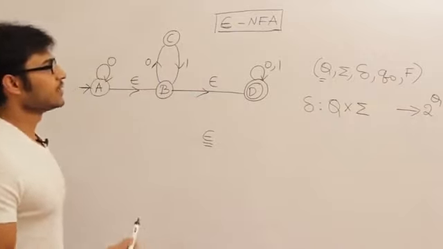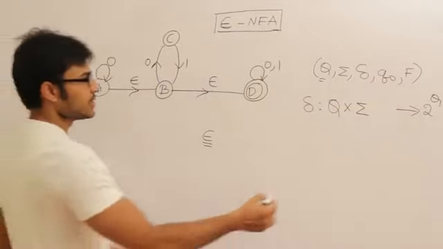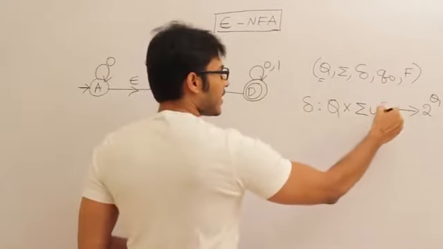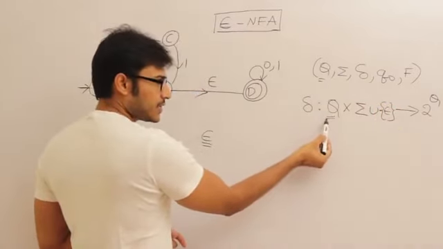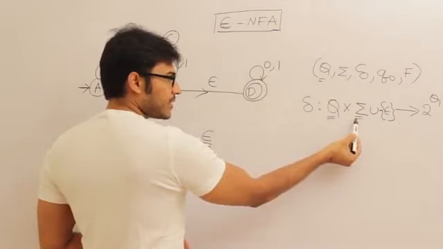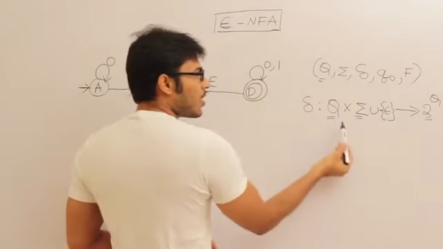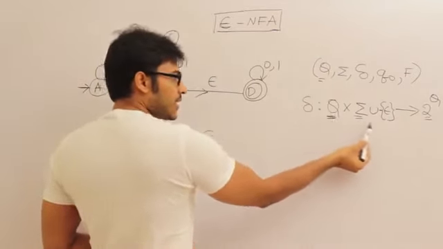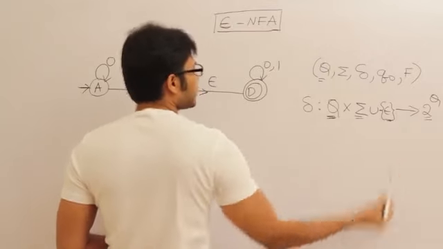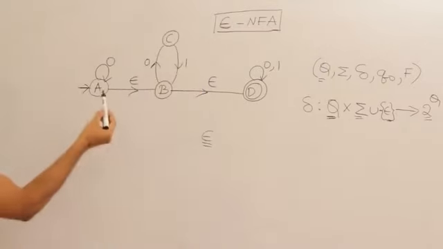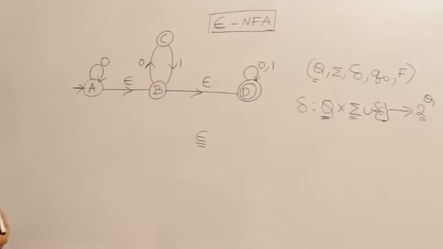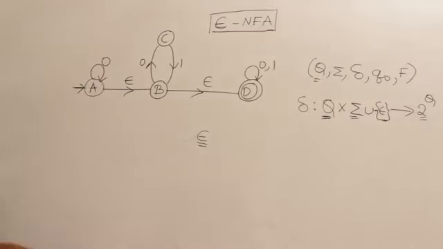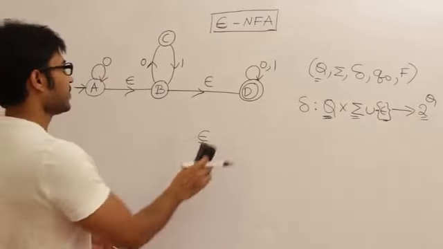The only difference between epsilon NFA and NFA is here I even have epsilon, which means on a particular state, on seeing some symbol I can go to some state, or on a particular state without seeing anything a transition is possible. See this? On A, without seeing anything, we are even going to transit to some state, right? So it is also called epsilon closure. I'll talk about a property called epsilon closure.